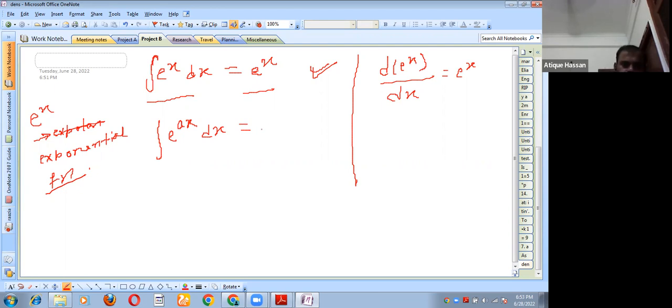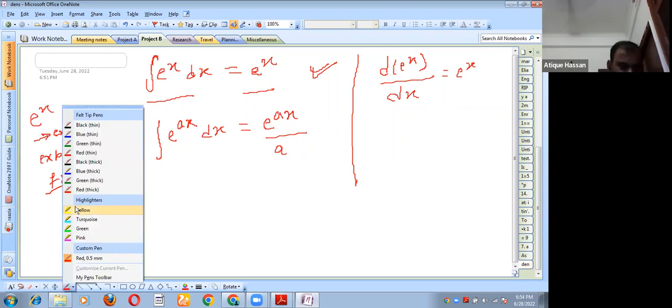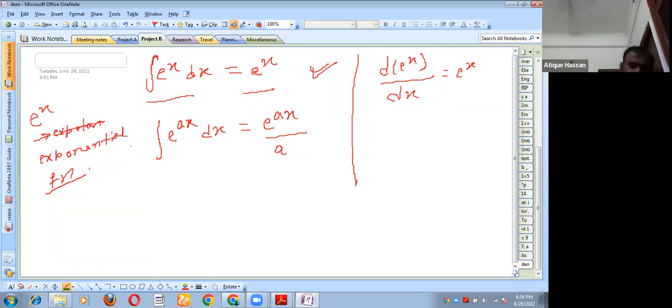It is always divided by the constant. If e to the power x is multiplied by some constant, here you can see x is multiplied by a, so the integration remains the same, but it is divided by the constant. Here a is a constant.